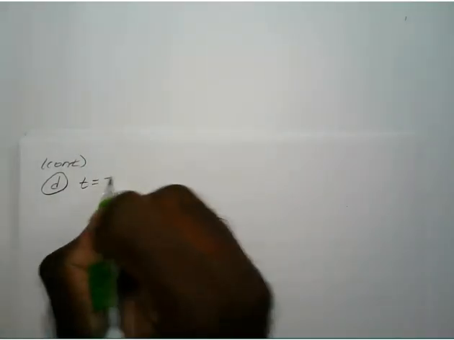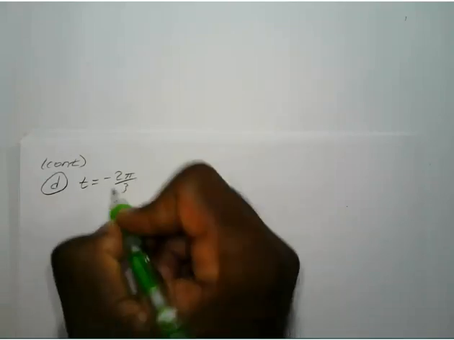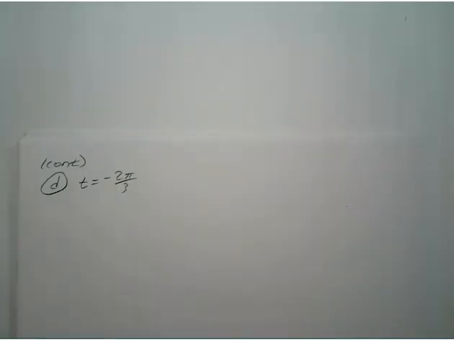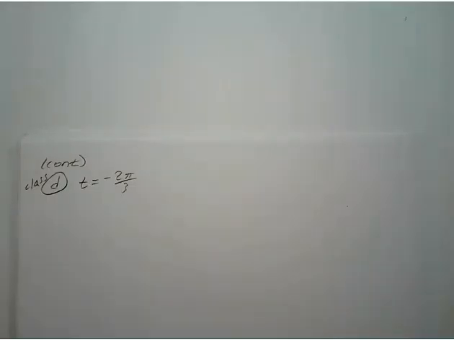We still have problem D. Okay. And that was t equals negative 2 pi over 3. All right, so what I want you to do is I want you to go ahead and press pause and try to work this one out on your own.